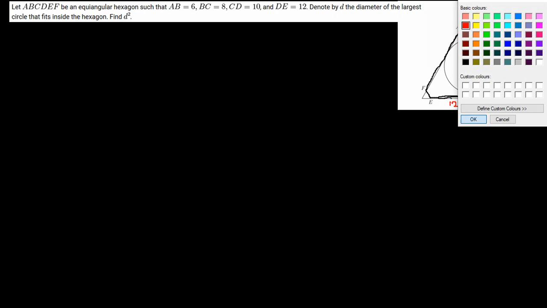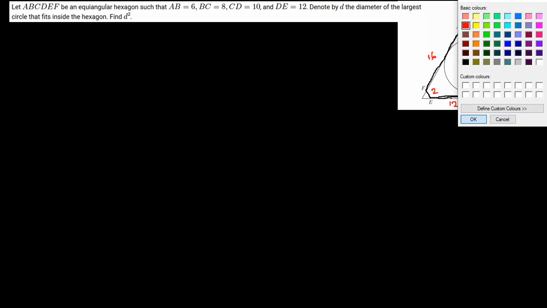Okay. So once we have drawn it, one thing we can figure out from the diagram itself is that since it's an equiangular hexagon, FE will be equal to 2 and FA will be equal to 16.